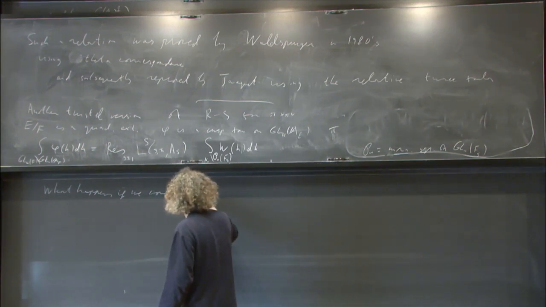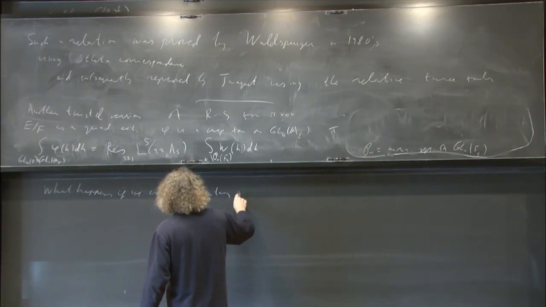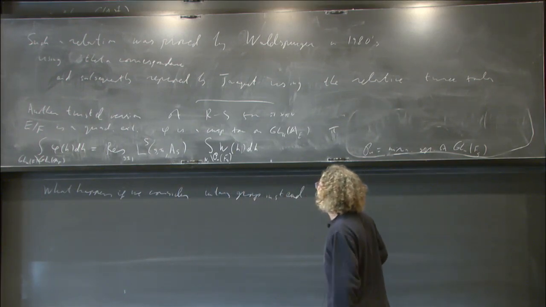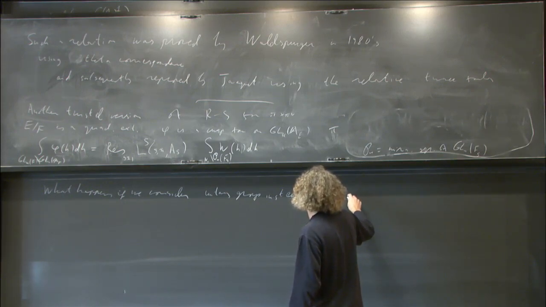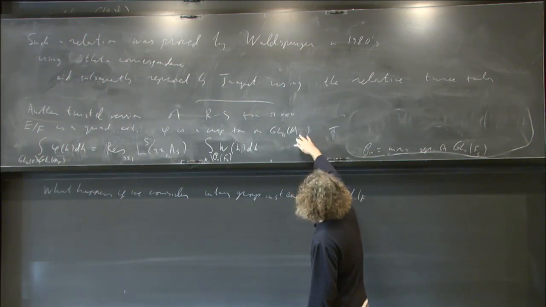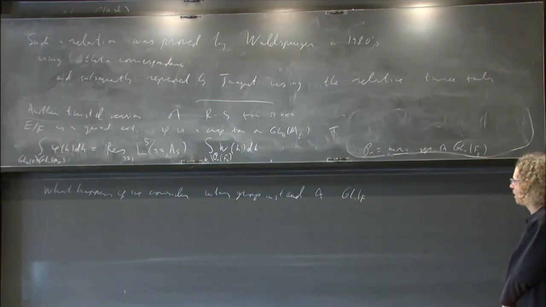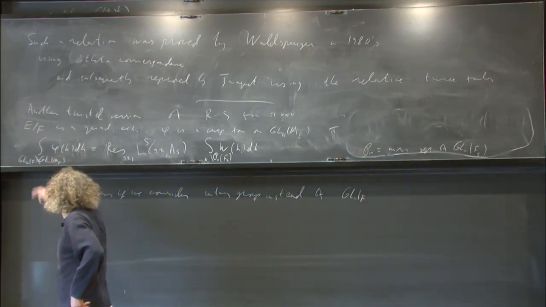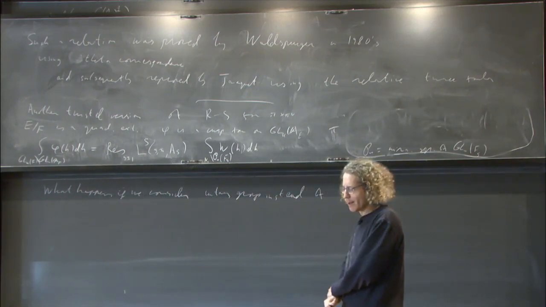But another one: consider a unitary group instead of GL_n(F). So a unitary group, which is an outer form of GL_n. What happens then? Of course, you have many unitary groups, but pick your favorite one, integrate your cusp form and see what happens.